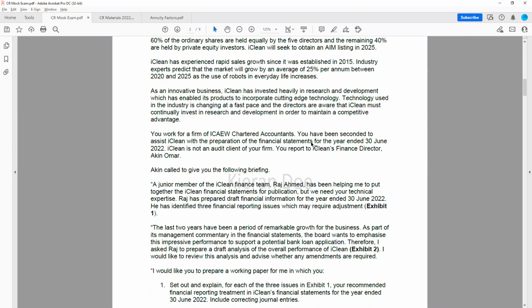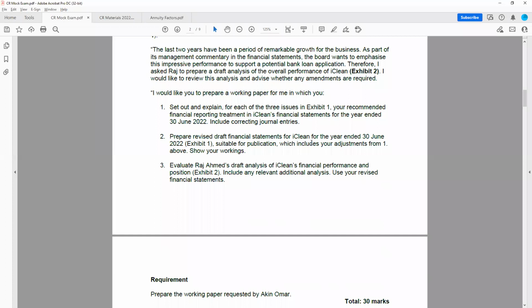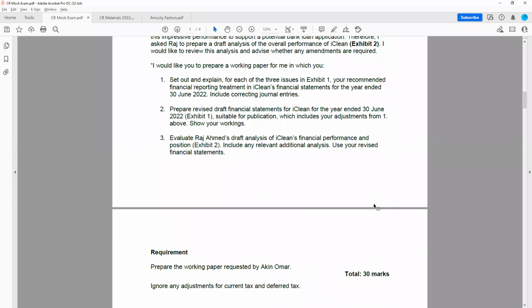The question won't be exclusively financial reporting, or unlikely to be. It's quite likely that you might see some of the other question types in there, such as financial statement analysis. That's quite common to see in question 2, and possibly ethics as well. So it doesn't have audit, it will be primarily financial reporting, but it might have some of the other question types. And we'll talk about the various question types that we see in the CR exam shortly.